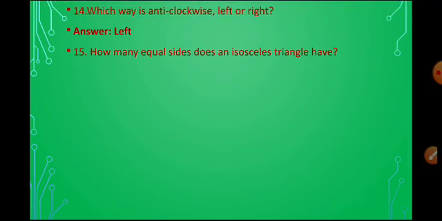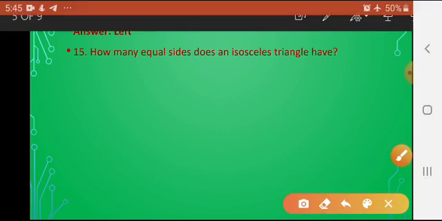Okay. Now the next question is, how many equal sides does an isosceles triangle have? Would you see an isosceles triangle? Isosceles triangle means there is a triangle in which two sides are equal. Suppose that it is a triangle and these two sides are equal.